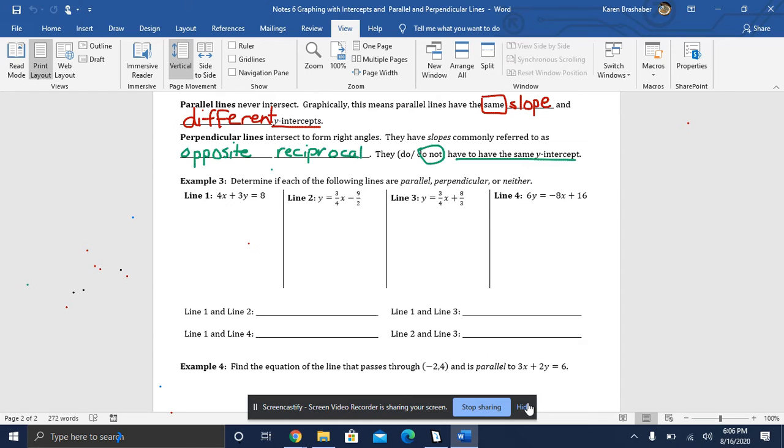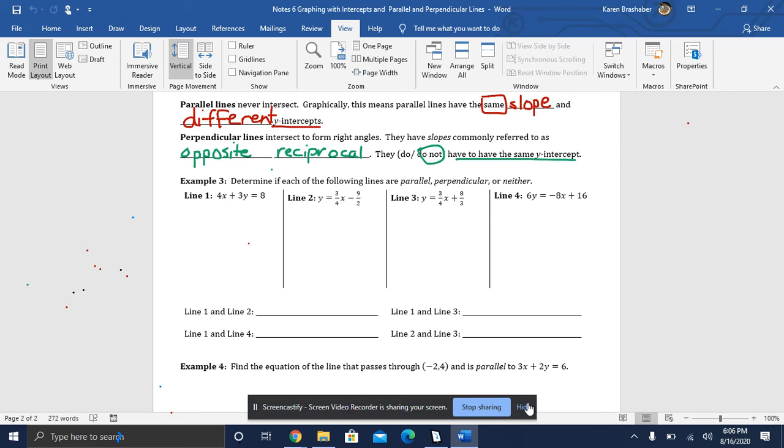Perpendicular lines intersect to form right angles. Those lines have slopes that are called opposite reciprocals. That means they have opposite signs. So if one line has a positive slope, then the line perpendicular to it would have a negative slope.